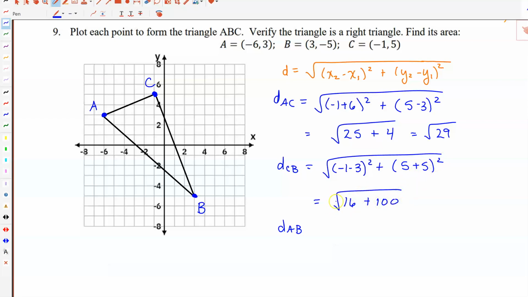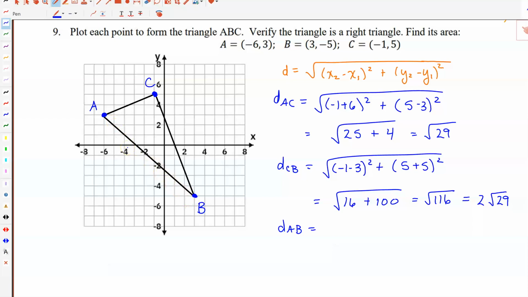So then I'm going to have the square root of 16 plus 100 is the square root of 116. And if you wanted to, you could simplify that. I'm going to be able to pull a 4 out of here, so this will simplify to 2 square root of 29.